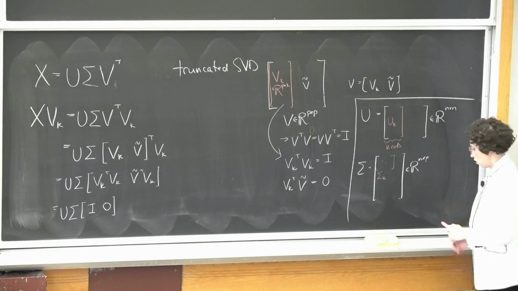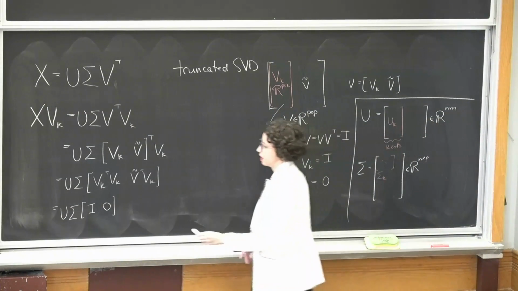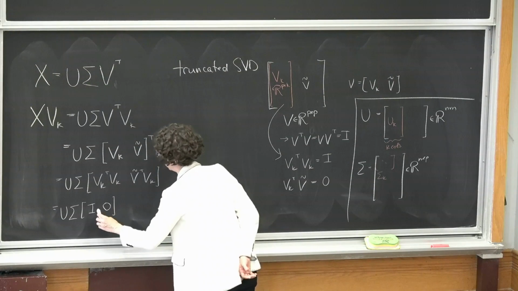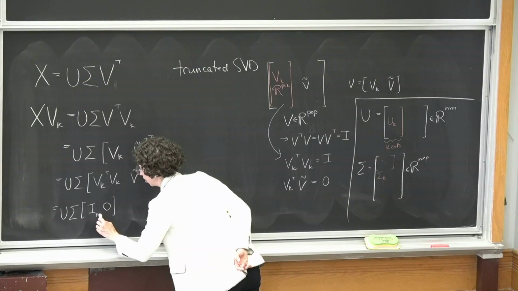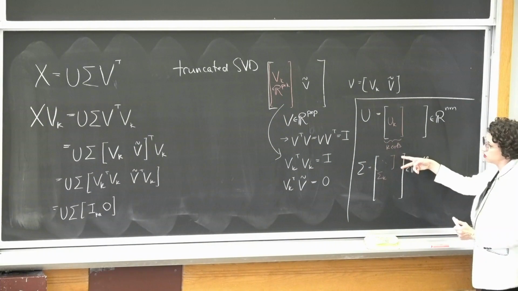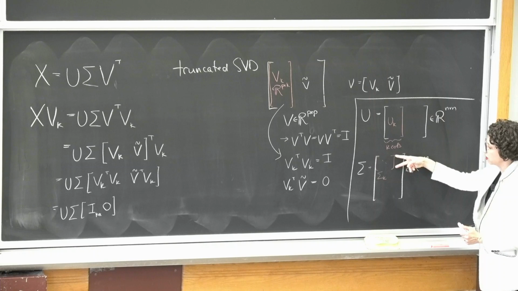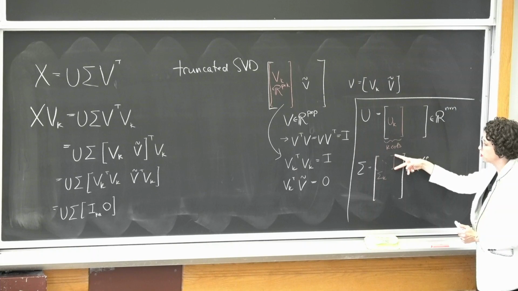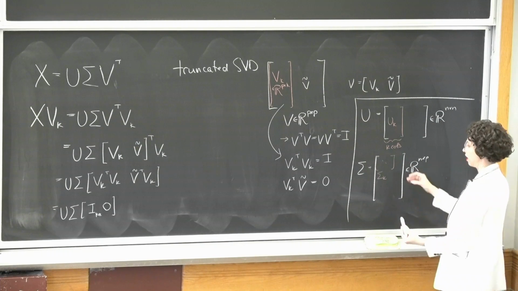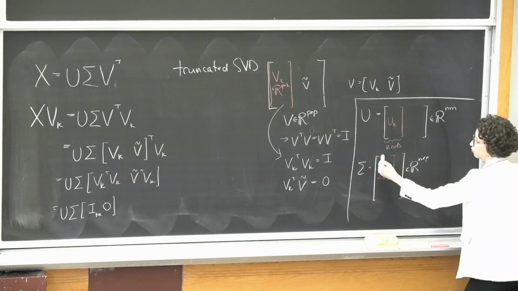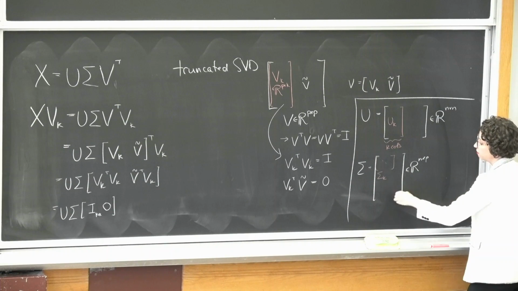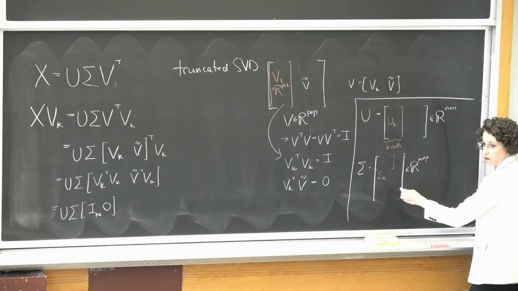So over here, when I have U times sigma times this concatenation of an identity matrix that is k by k and a zero matrix, what's happening is that the k by k identity matrix is preserving all of the singular values that are in sigma k, and everything else is getting multiplied by zero.